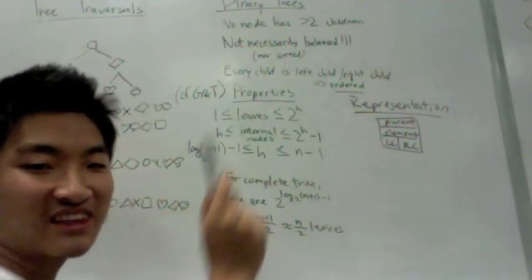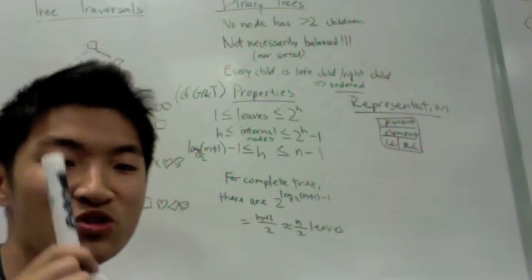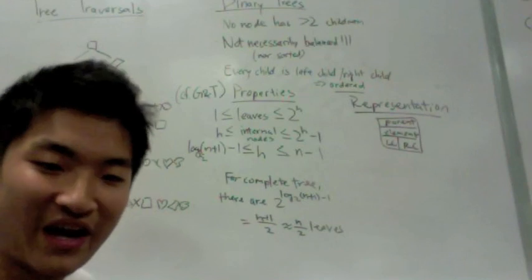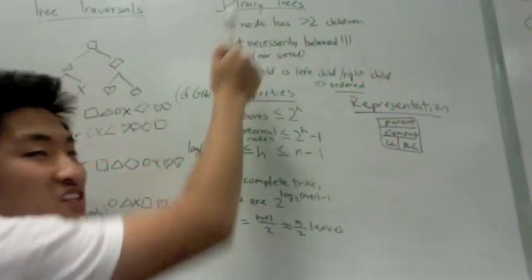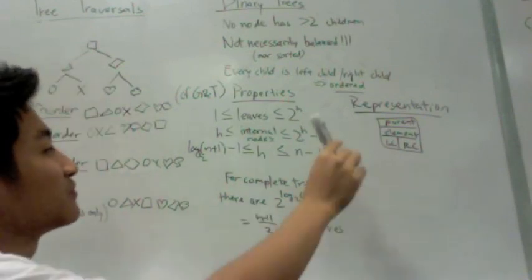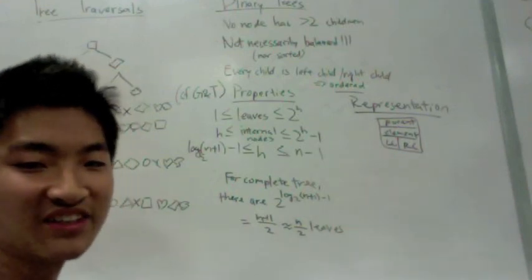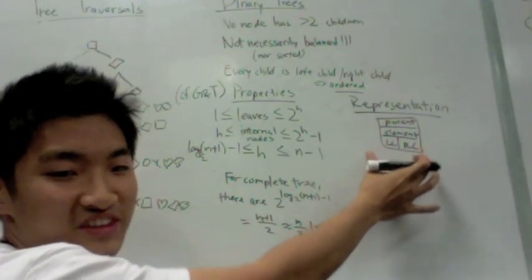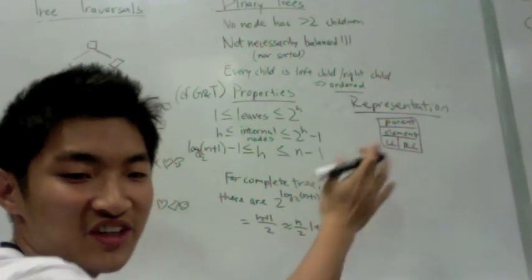And the main thing to note about binary trees is that they are not necessarily balanced nor sorted. So there are binary search trees and balanced search trees, but in general, binary trees are neither balanced nor sorted. And every child is either a left child or a right child. As you can see in this representation, it's very logical. There's a parent, an element, a left child, and a right child for each node.